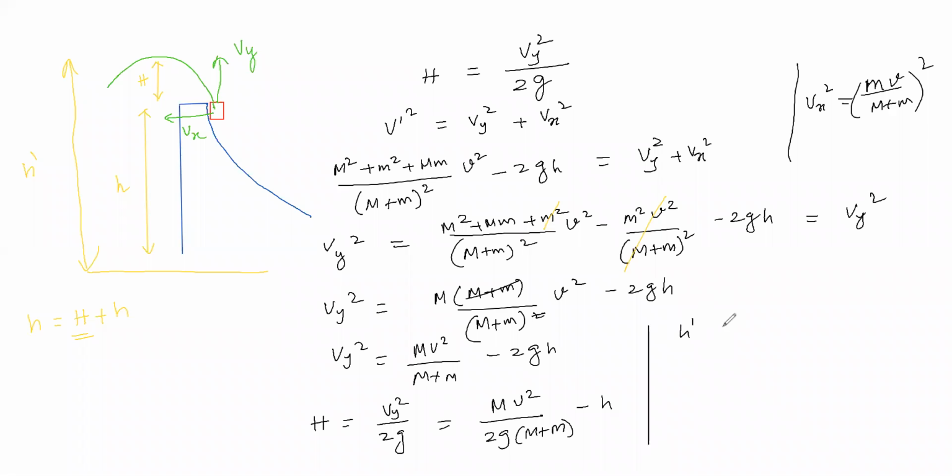So h dash is equal to H plus h. H is mv square divided by 2g into (M plus m) minus h, this is the capital H value, plus h. So this h we are cancelling, so that h dash we are getting as mv square by 2g into (M plus m). So this is the maximum height reached by the smaller block from the ground.